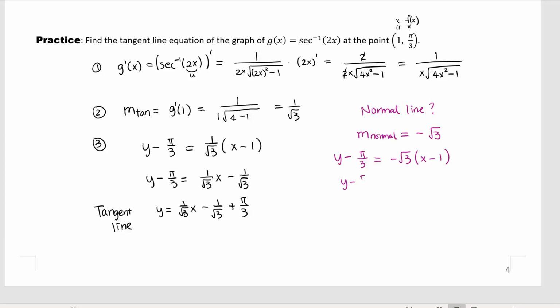So y minus pi over 3 equals to negative root of 3 times x minus 1, and then, oops, it became positive square root of 3. So y is negative square root of 3 times x plus square root of 3 plus pi over 3. So this guy is the normal line.